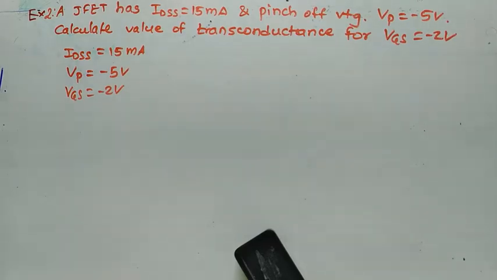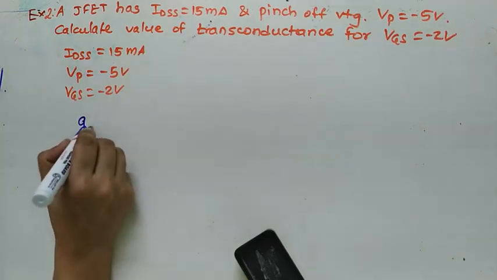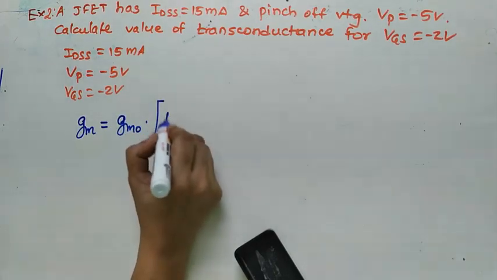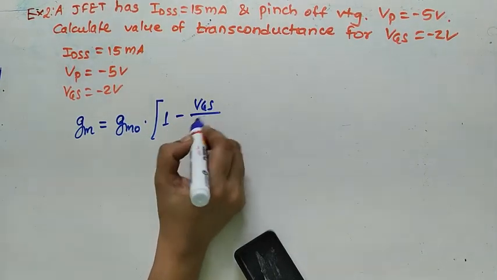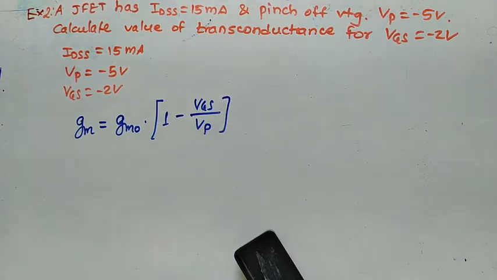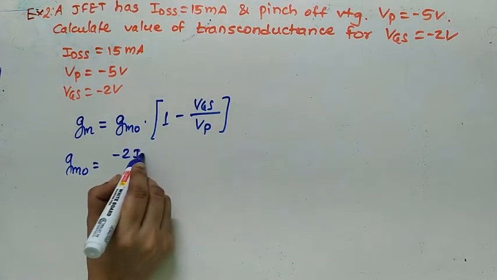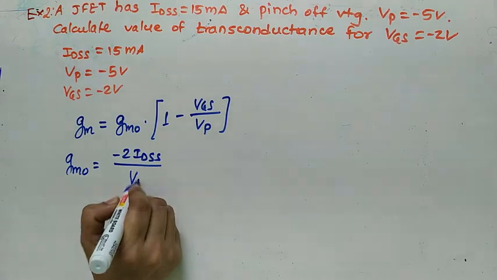The formula of transconductance is Gm is equal to GMO into (1 minus VGS upon VP), and GMO is given as minus 2 IDSS upon VP.